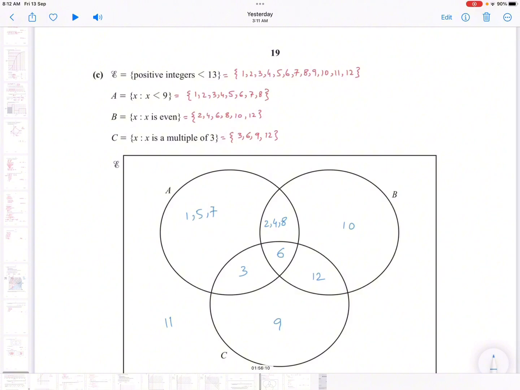And 11 is outside of A, B, C because 11 is not in A, not in B, not in C.